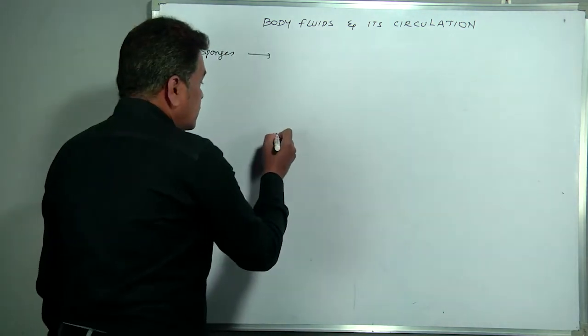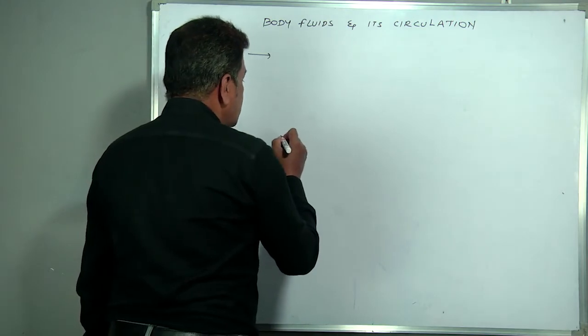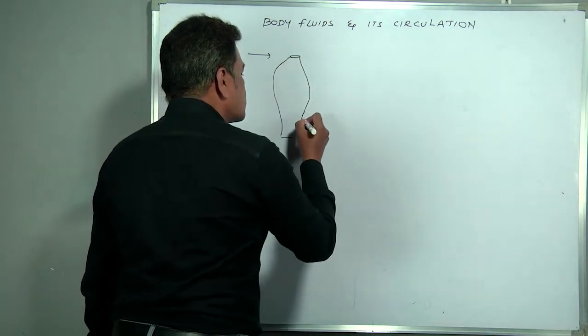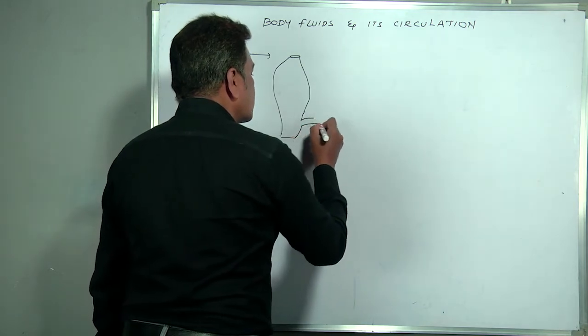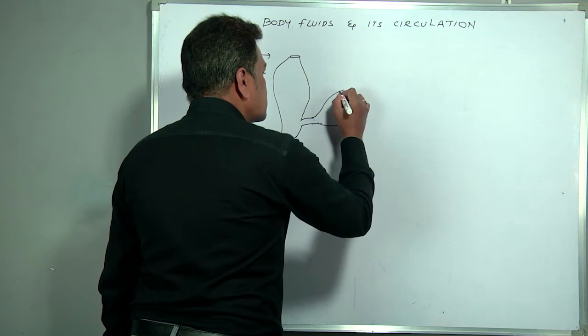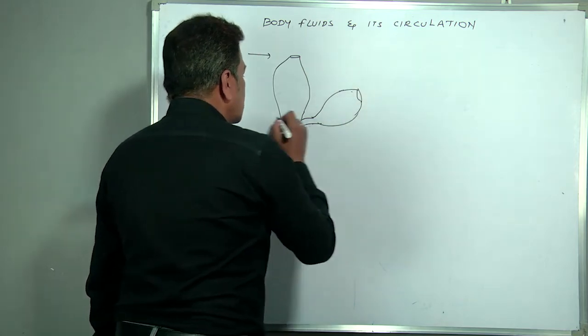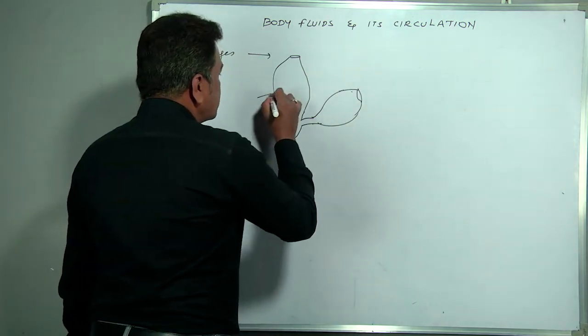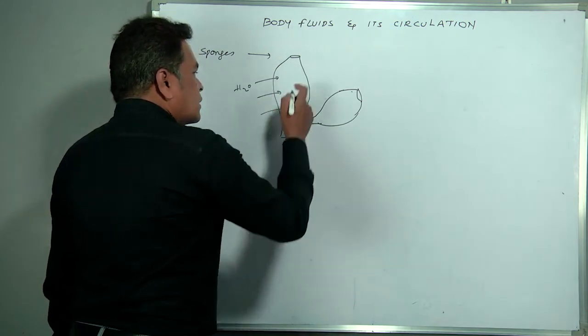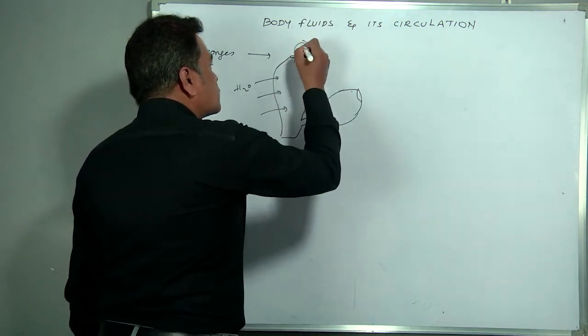In sponges, water enters through the ostia and water comes out through the osculum.